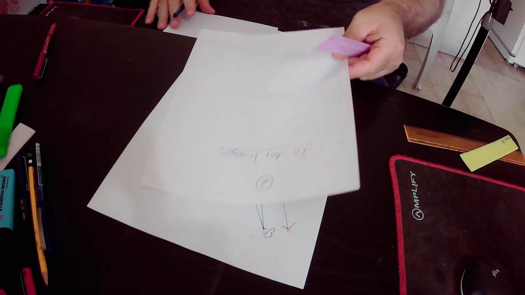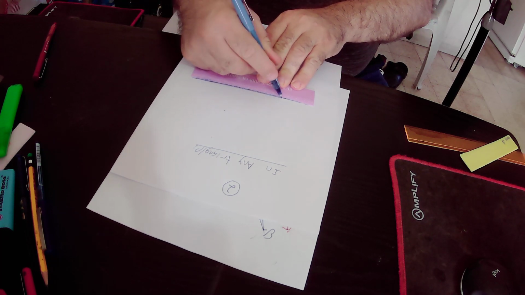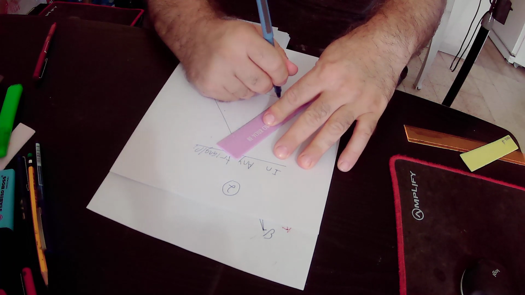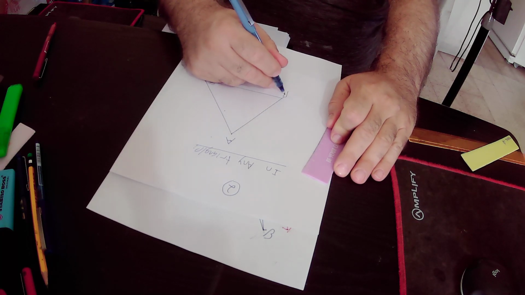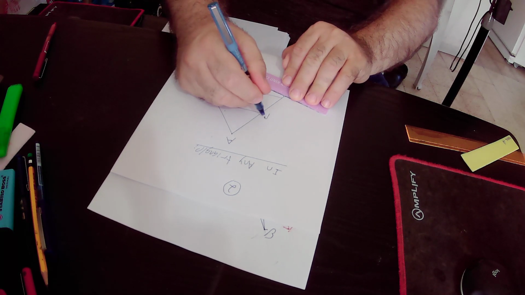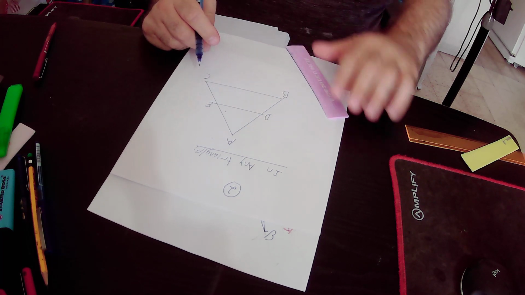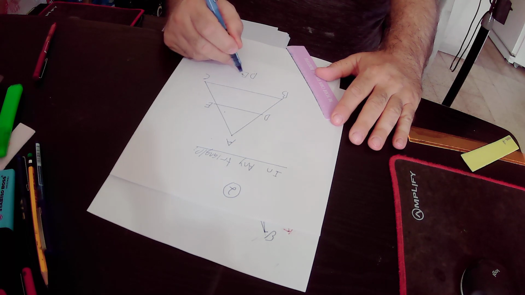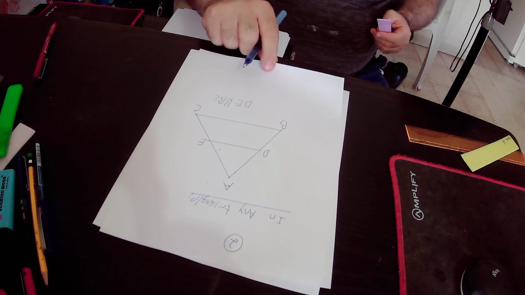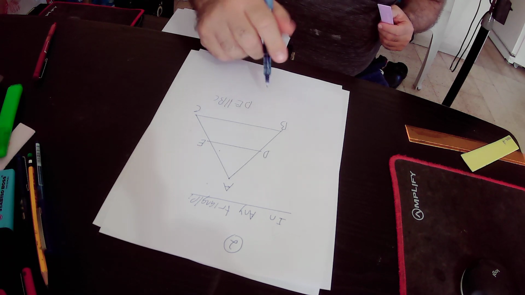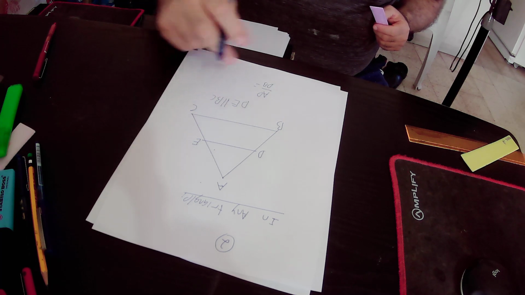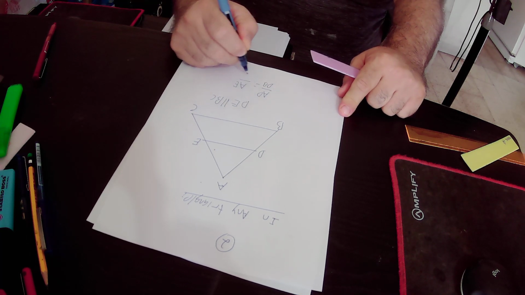If we have triangle ABC that can be any triangle, and we know that DE is parallel to BC, then according to the second rule, AD over DB equals AE over EC.